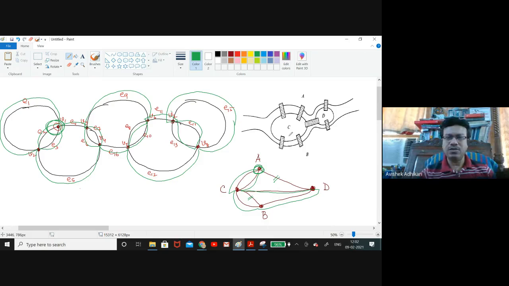And that was actually the famous Konigsberg bridge problem, around 1736 or 7, something like that. During that time it was the famous problem, and I started my classes by explaining this problem itself.